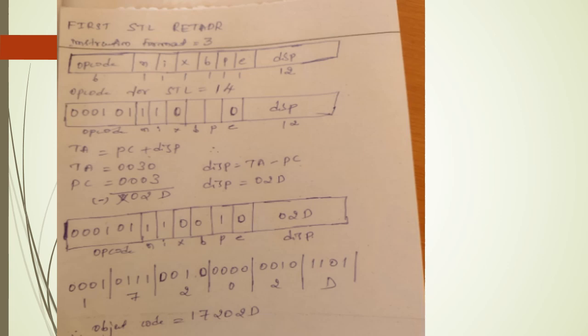So how to calculate the displacement value? Displacement is equal to target address minus PC. Target address means the address of the operand, and PC means program counter, the address of the next instruction. So here the target address, the address of the operand, is 0030.